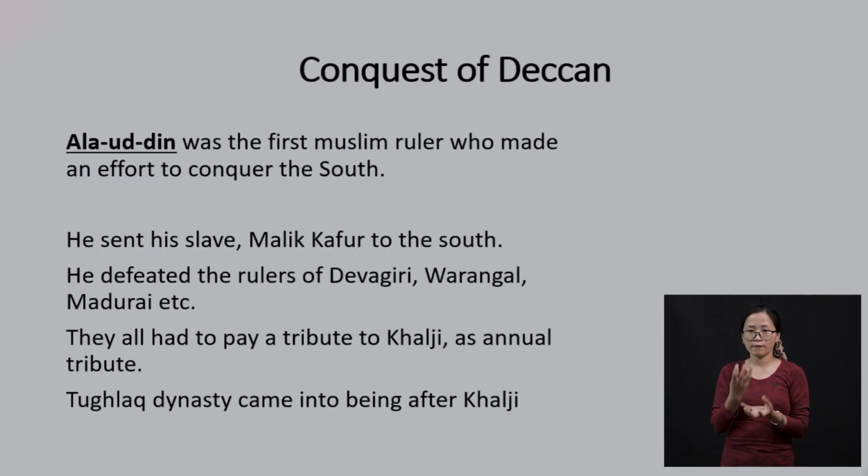Now, Alauddin Khilji is also famous because he was the first ruler who goes and conquers the Deccan, the south. His famous slave, Malik Kafur, was the one who was sent to defeat Devagiri, Warangal, Madurai, etc. And because of Malik Kafur and the army, they all started paying an annual tribute to the state treasury.